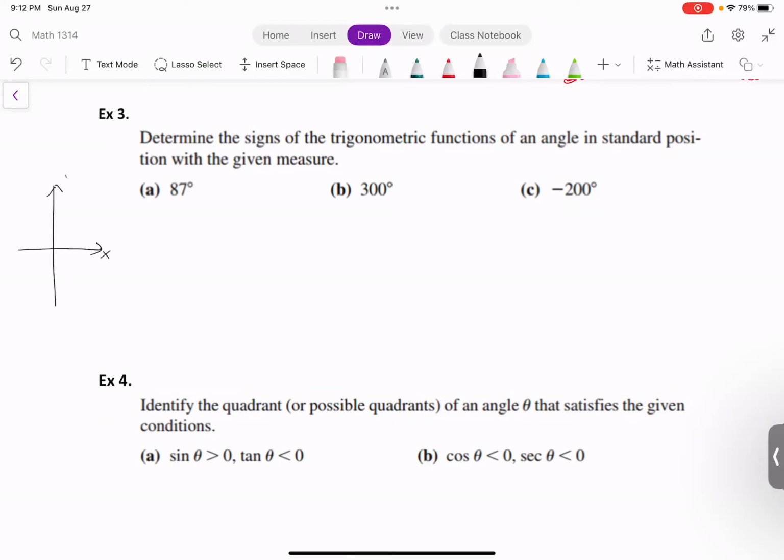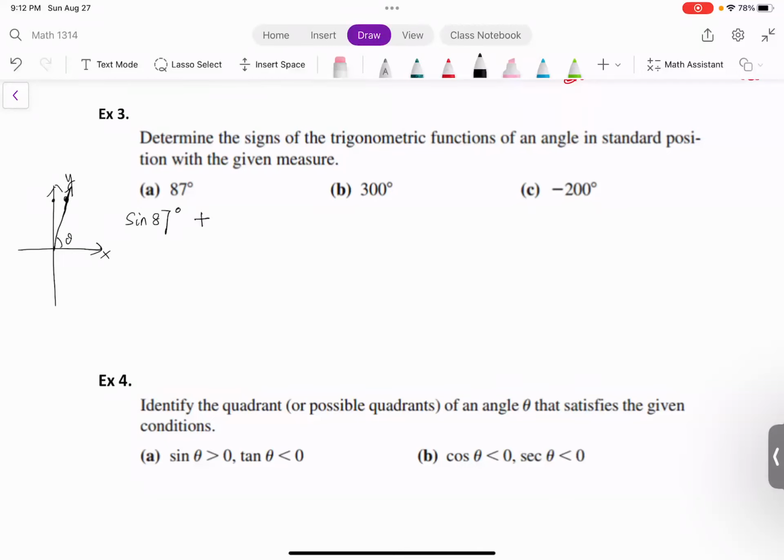This is the XY plane. Where is the angle 87 degrees? In the first, second, third, or fourth quadrant? First, because if I have a point here, the angle is 90 degrees, but this point is less than 90, in the first quadrant. So in the first quadrant, this is theta. How about sine 87 degrees? Is it positive or negative?